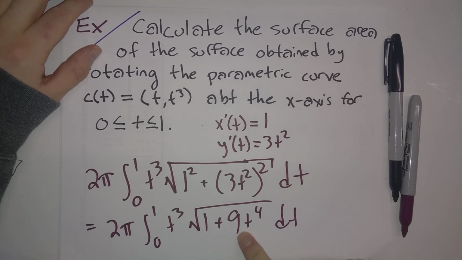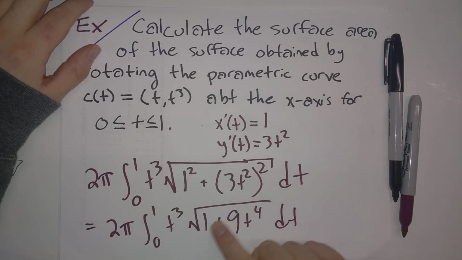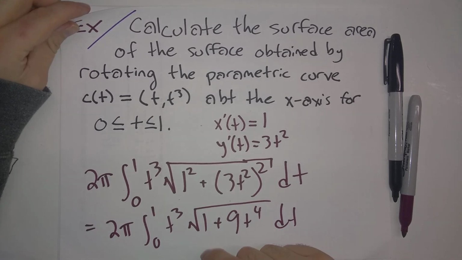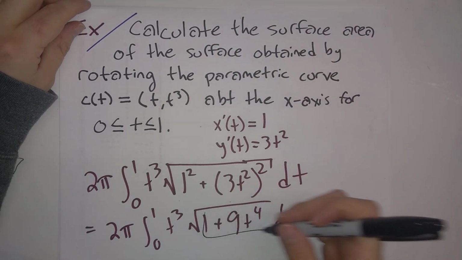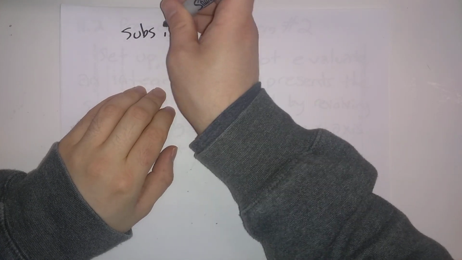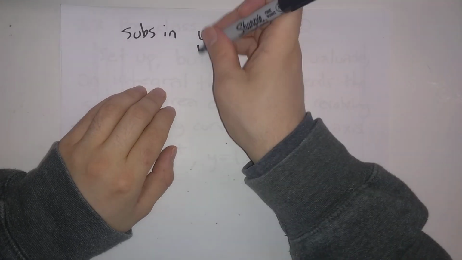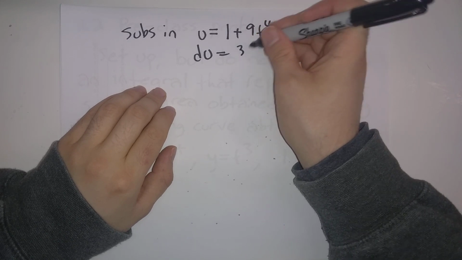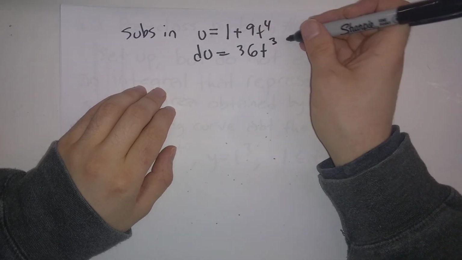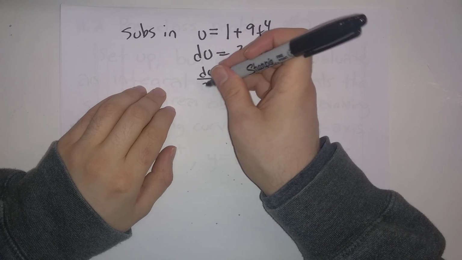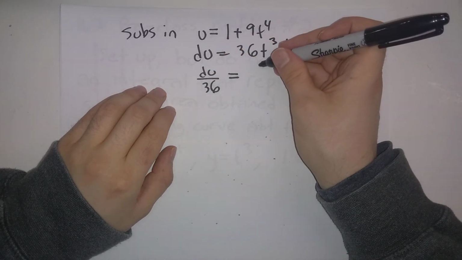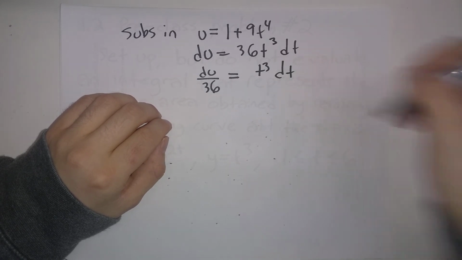And how do we evaluate this integral? Well, let's observe that if we take the derivative of the t to the 4th here, we get something times t cubed. So this suggests substitution. If we substitute u equals 1 plus 9t to the 4th, du would be 36 t cubed dt. So du over 36 would be t cubed dt.